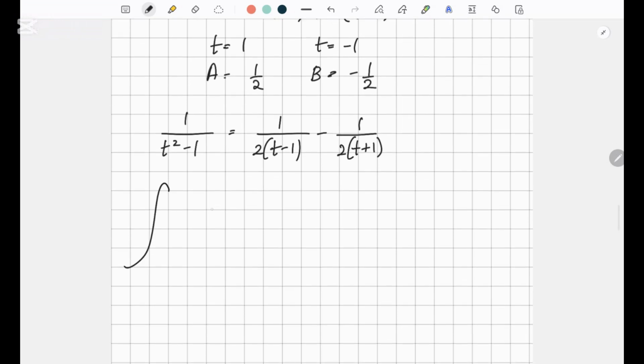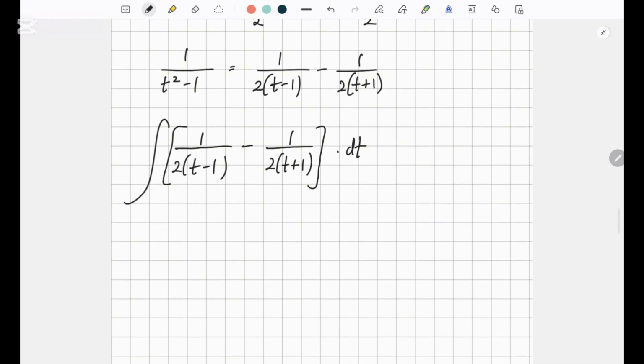So what's the integration of 1 over 2 into t minus 1 minus 1 over 2 into t plus 1 dt? Easy, right? You don't even have to do anything. You just write half into ln t minus 1. You can see the differentiation of this will give you that.